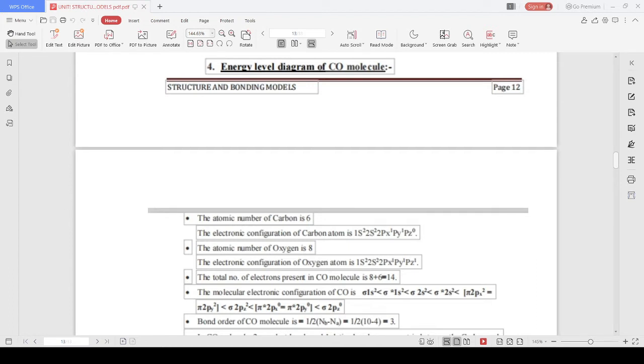I will be explaining the structure, bonding models and subunit of molecular orbital theory.